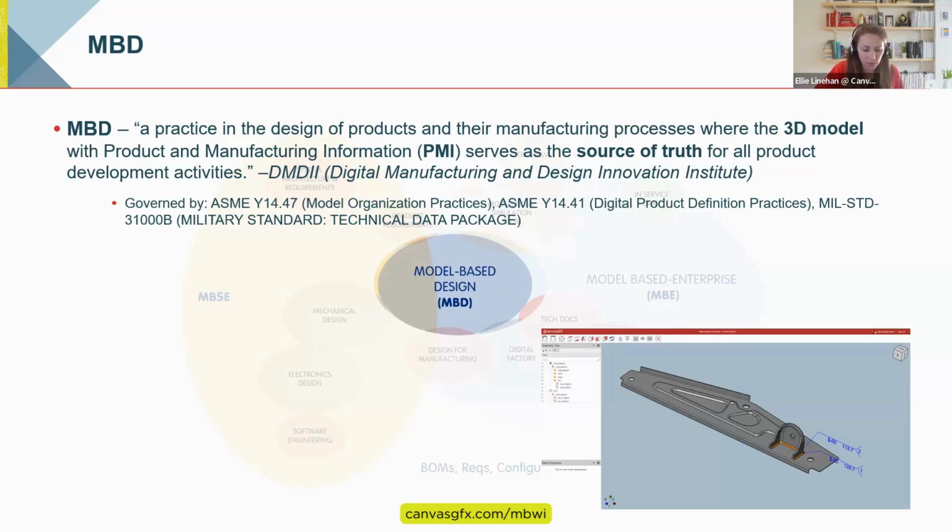So the best example is if there's a conflict between the 2D drawing and the 3D model, it's the 3D model that rules. So if I say it's 12 inches on my drawing and 10 inches in my model, the model is actually the one that is the source of truth. So that's an interesting fact.